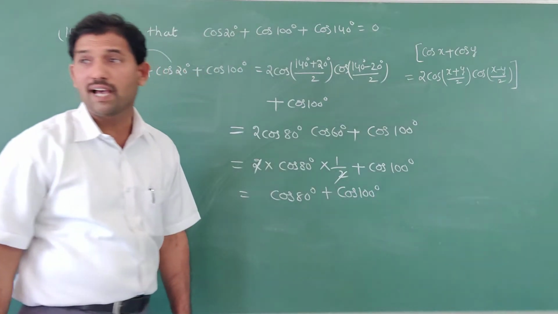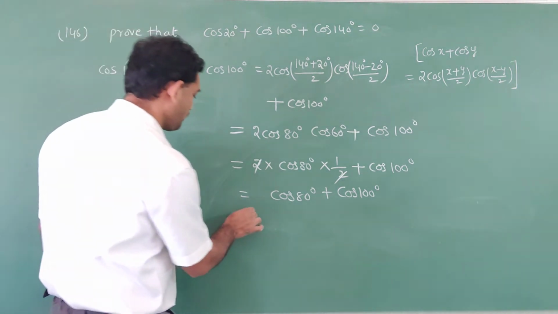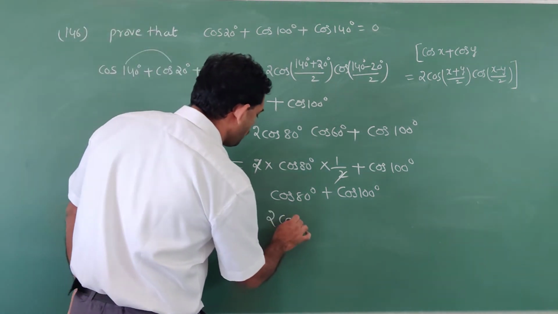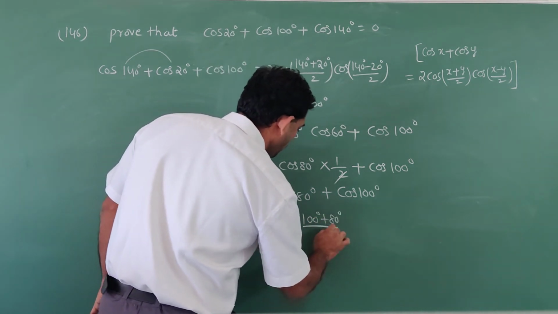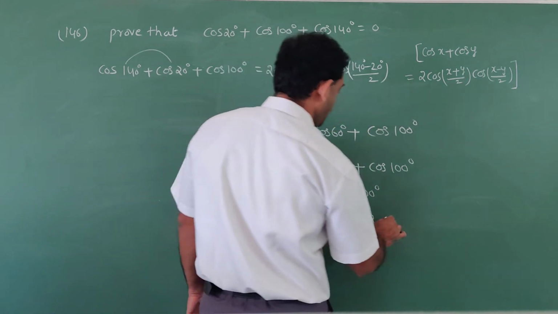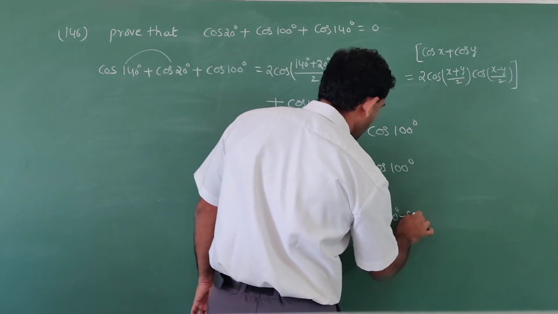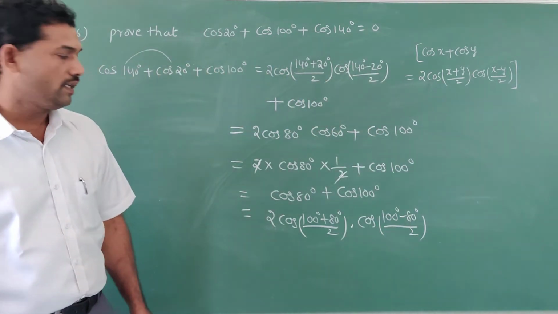Then apply the same formula. 2 cos, you write the bigger angle first, (100 plus 80) divided by 2, cos (100 degrees minus 80 degrees) divided by 2. Okay, right? Now what happens?